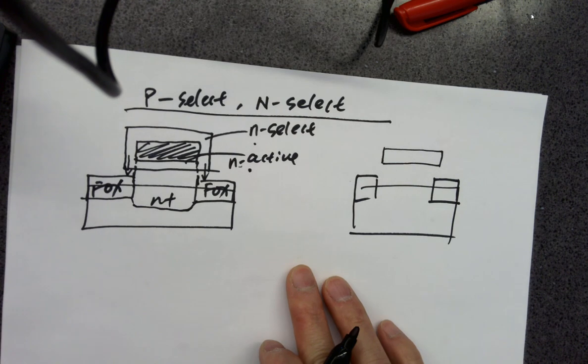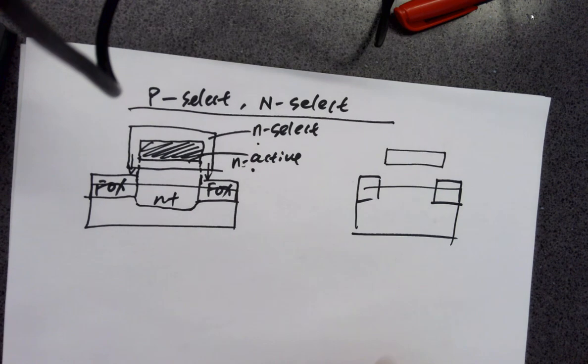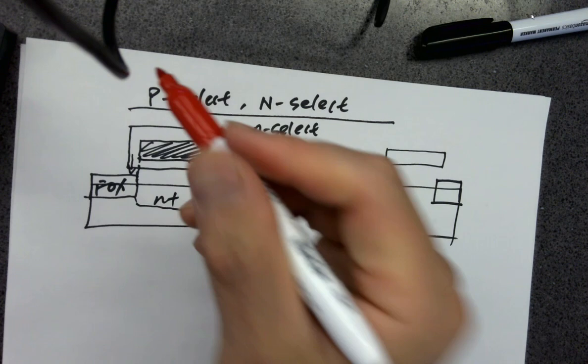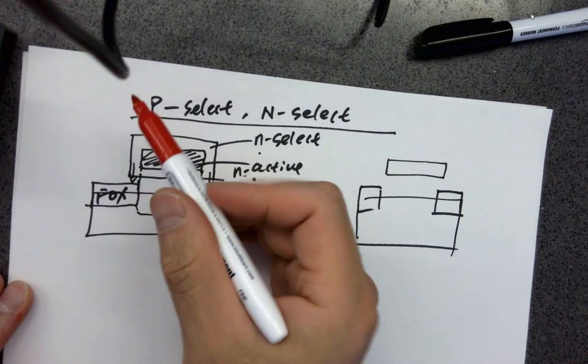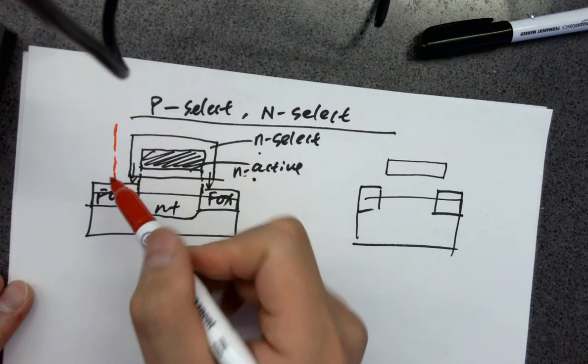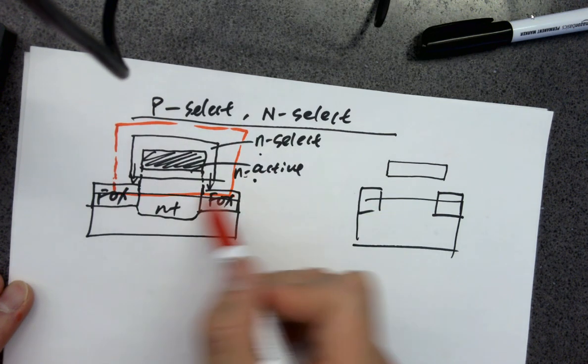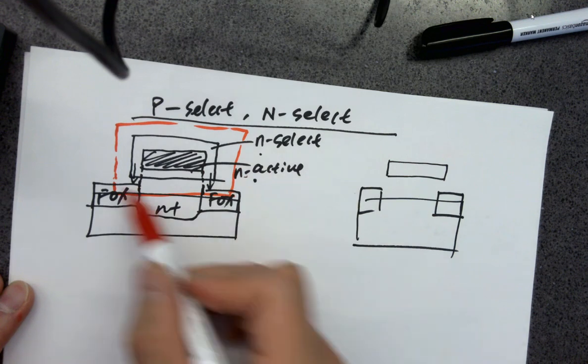Let's see what else I want to talk about. Okay, there will be another layer. Sometimes you'll see it's even bigger than N-select. And it probably doesn't make sense to you for now, like why you need an even bigger one.